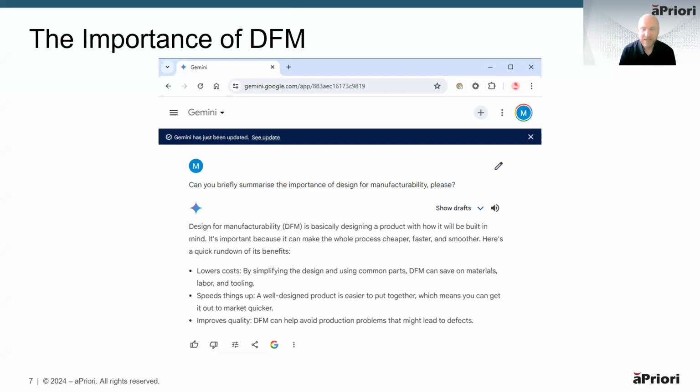So always good to be polite to make sure we're safe in future. Essentially, it's a really nice summary: it makes the whole process of design to manufacture cheaper, faster, and smoother. It lowers costs, speeds things up, and improves quality. And that's something that everybody wants to do in the manufacturing space.